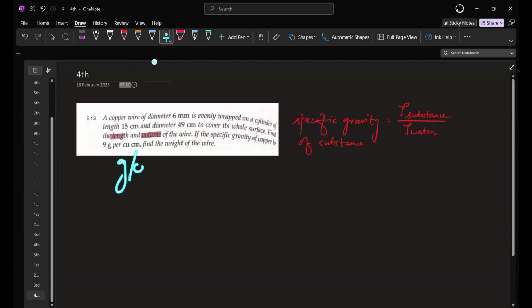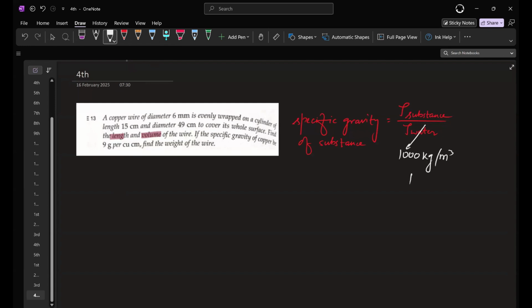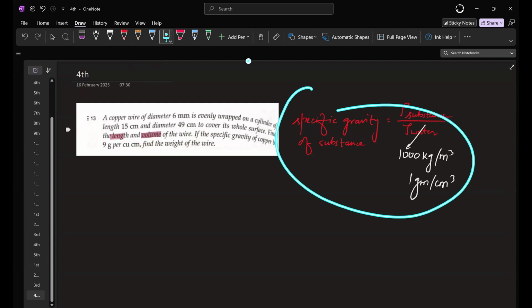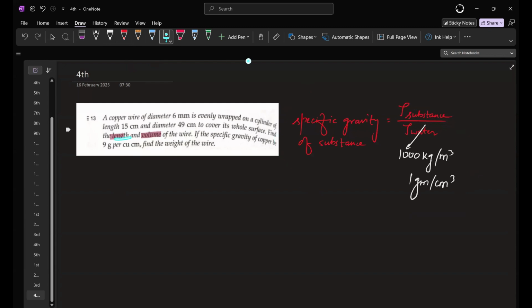The density of water is 1000 kg per meter cube, which is equal to 1 gram per centimeter cube. So I have given you this formula for this question. Now try to find the length, volume, and weight of the wire.